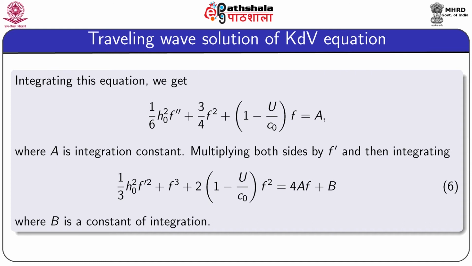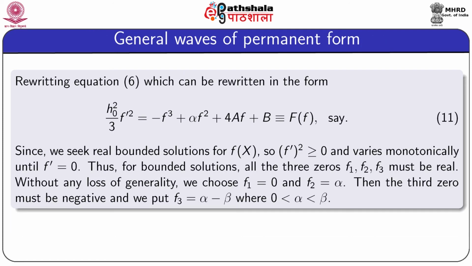Now, we are not assuming A, B as 0, but we are thinking about a bounded solution which oscillates between 0 and alpha. So, we are seeking a real bounded solution.